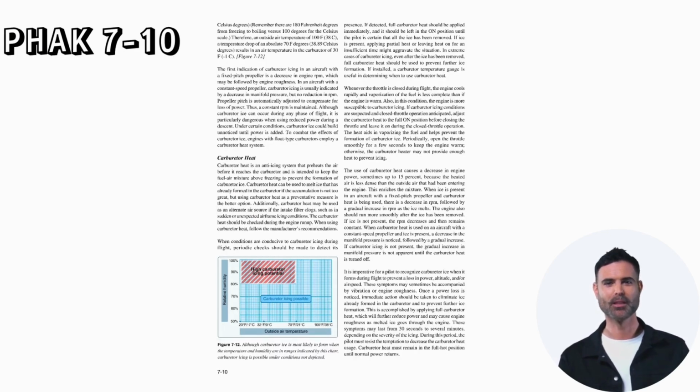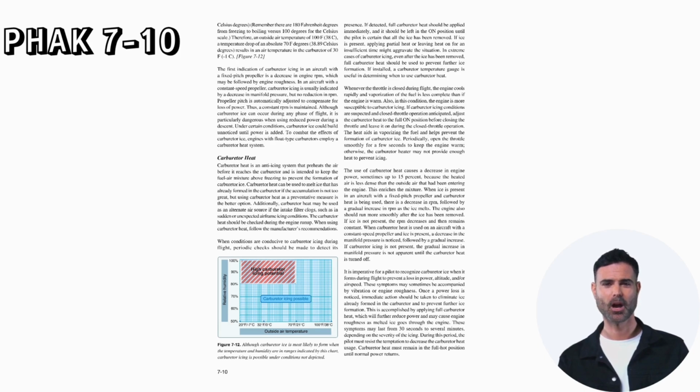Remember, there are 180 Fahrenheit degrees from freezing to boiling versus 100 degrees for the Celsius scale. Therefore, an outside air temperature of 100 F, 38 C, and a temperature drop of an absolute 70 F degrees, 38.89 Celsius degrees, results in an air temperature in the carburetor of 30 F, negative 1 C.